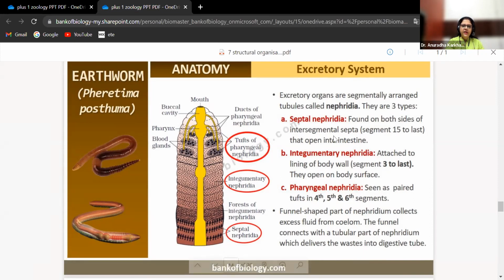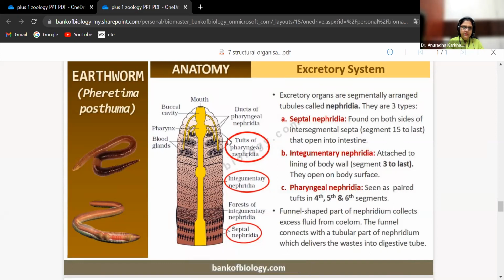Okay, got it? So septal nephridia found on both sides of the intersegmental septa, segment 15 to the last. Integumentary, sandwiched in between, attached to the lining of the body wall from segment 3rd to the last. They open on the body surface. And pharyngeal, seen as paired tufts in 4th, 5th, and 6th segment.